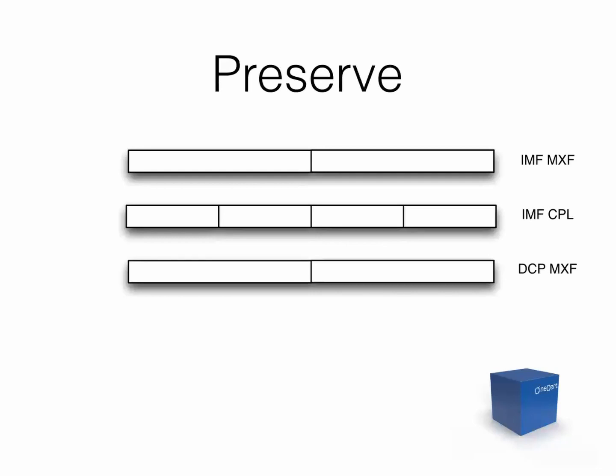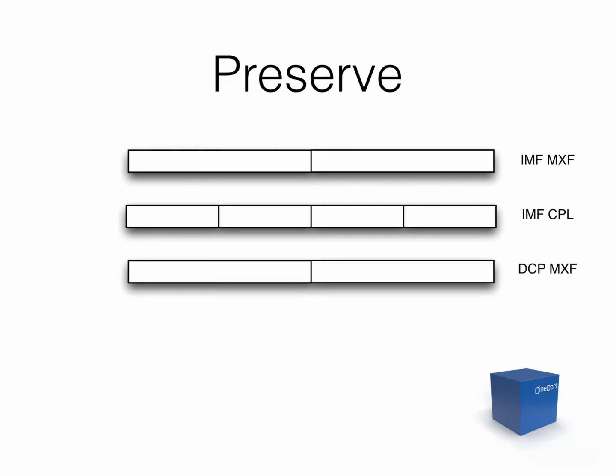So this is an example of a graphic that's going to get better as this presentation makes its way through different conferences, but I'll try here. The top row is the MXF files in the IMF. The middle row is the segments in the IMF CPL, and the bottom row is the track files in the digital cinema domain. So this shows the preserve strategy.